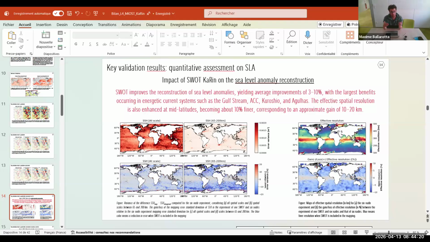So potentially we could improve the mapping at high latitude, where you have revisit times with really short time scales, and you have a kind of dense observation thanks to SWOT. Yes, that makes sense. Fantastic. Thanks.